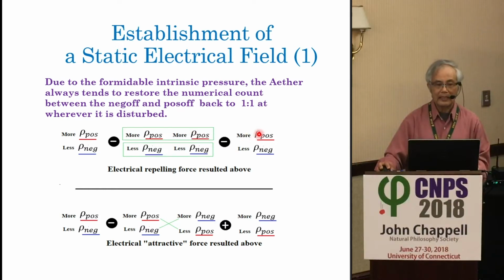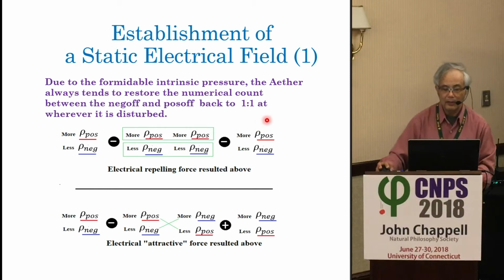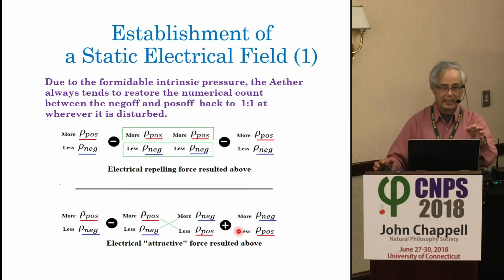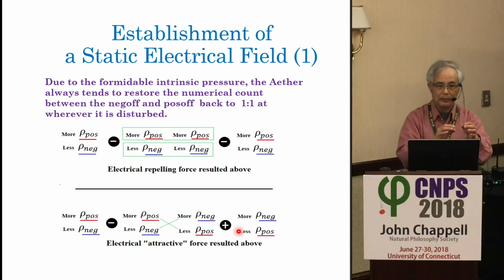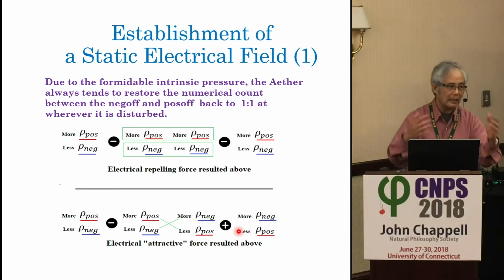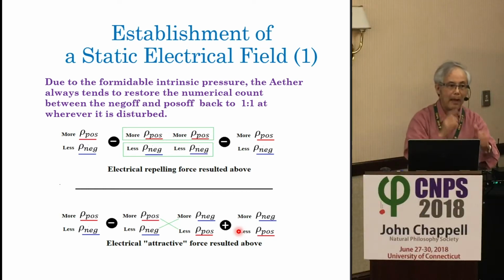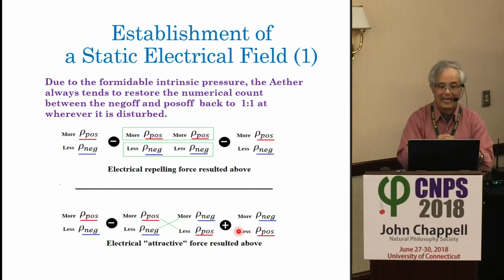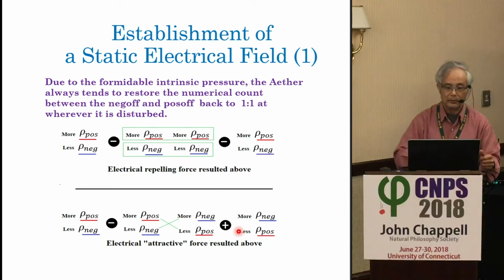This rho means the density of the positive. When I talk about density, I don't mean mass density, but the numerical count, because right now I have no idea how to measure the mass of ether. So I can only use the concept of the numerical count of the subparticles.